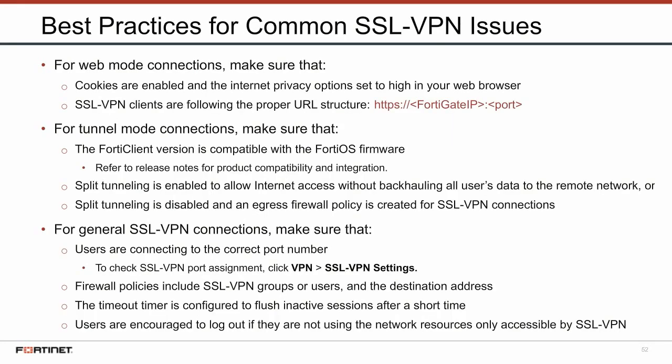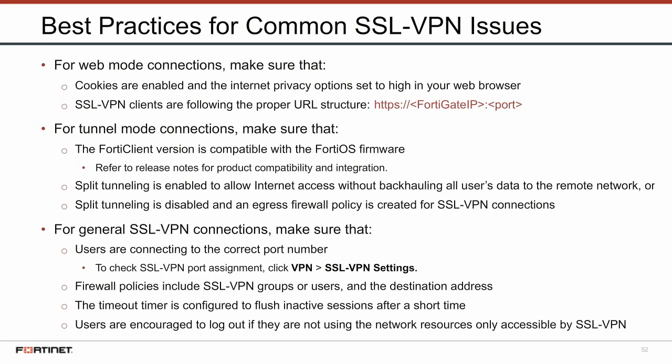The following are some best practices to keep in mind when using SSL VPNs. These best practices can also be helpful in many SSL VPN troubleshooting situations. Enable cookies in your web browser. Set internet privacy options to high in your web browser. Use a FortiClient version that is compatible with your FortiOS firmware.